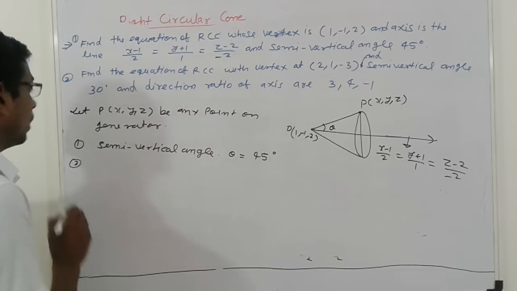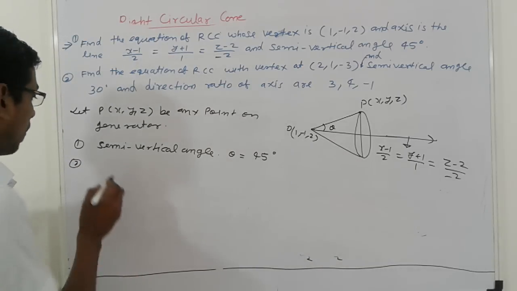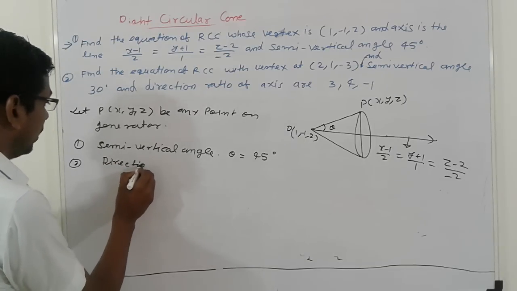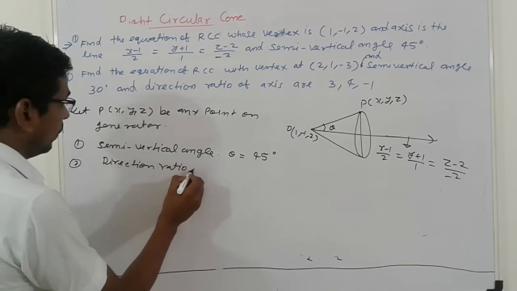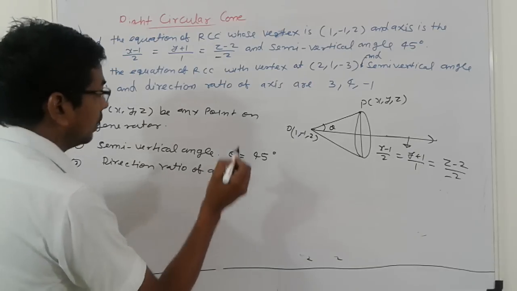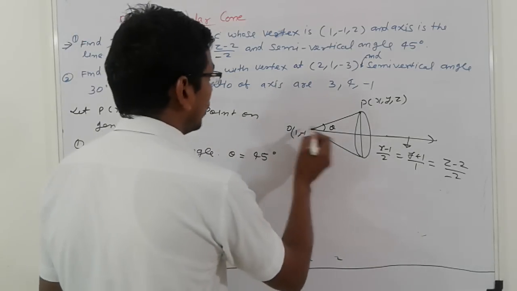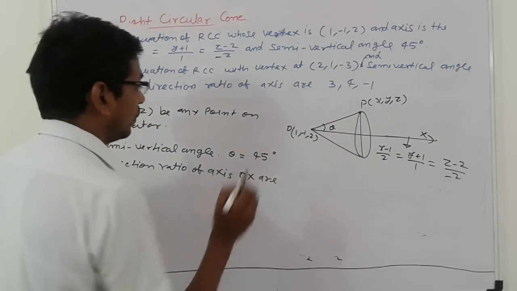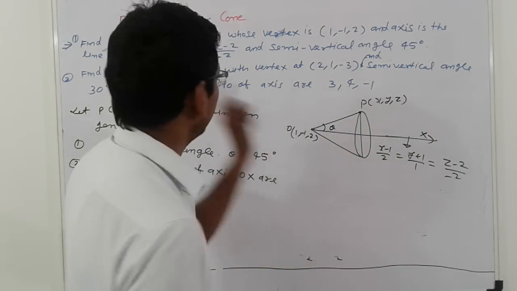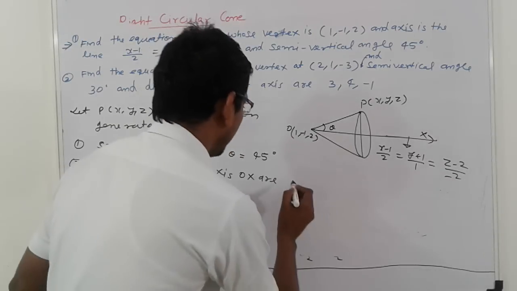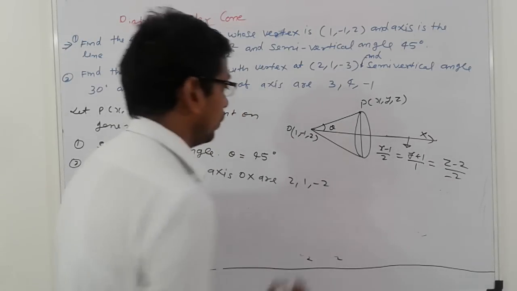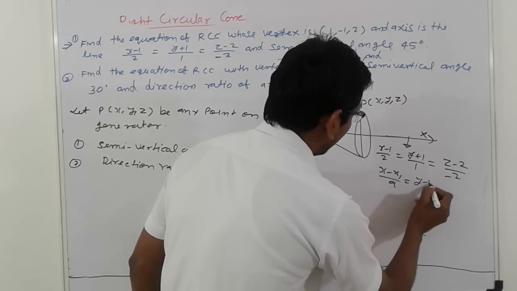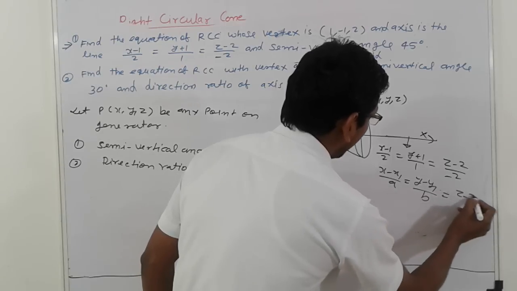Second point: the direction ratio of the axis. The equation of the axis is given, so 2, 1, -2 is the direction, because here it is (x-x1)/a, (y-y1)/b and (z-z1)/c.